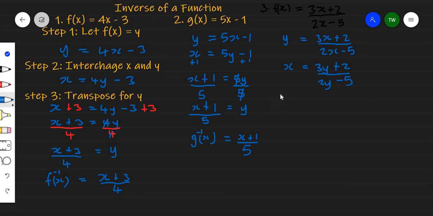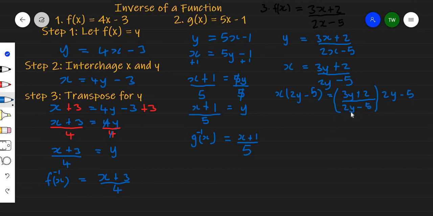So on this side, what we're going to have is x, open bracket, 2y minus 5, close bracket, is equal to 3y plus 2 all over 2y minus 5 times 2y minus 5. Alright?